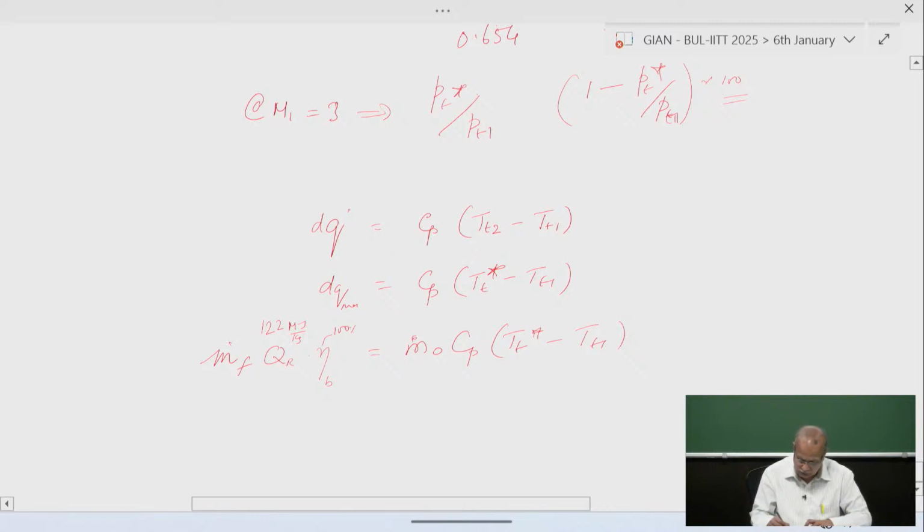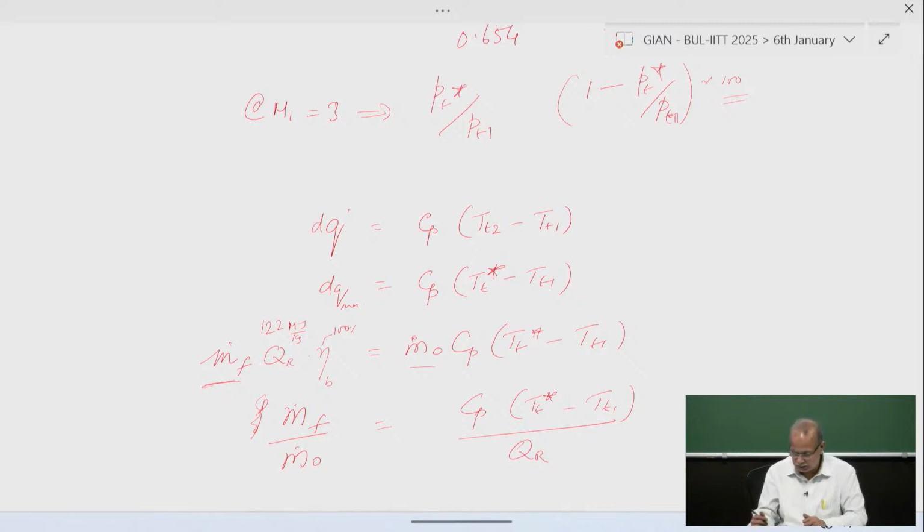Now from this you can rearrange this equation. You can write here m dot F by m dot O. Rearranging this equation, I'll get Cp Tt star minus Tt1 divided by heat of reaction, the calorific value of the fuel. Efficiency of the burner is not given, 100%, we have taken it.